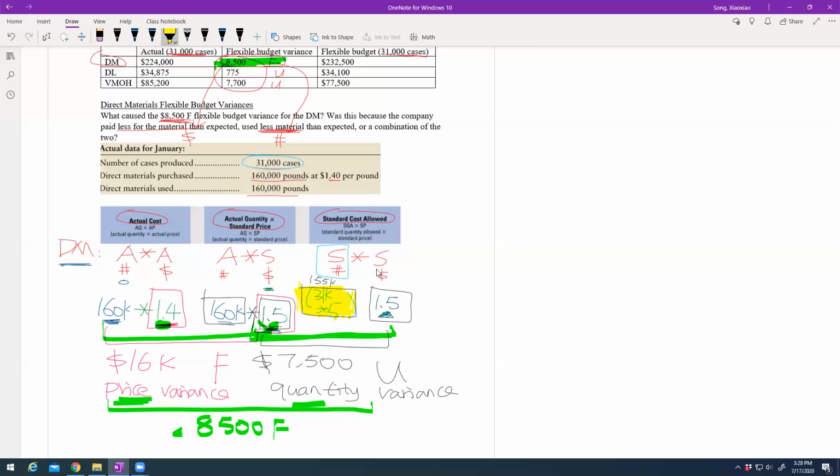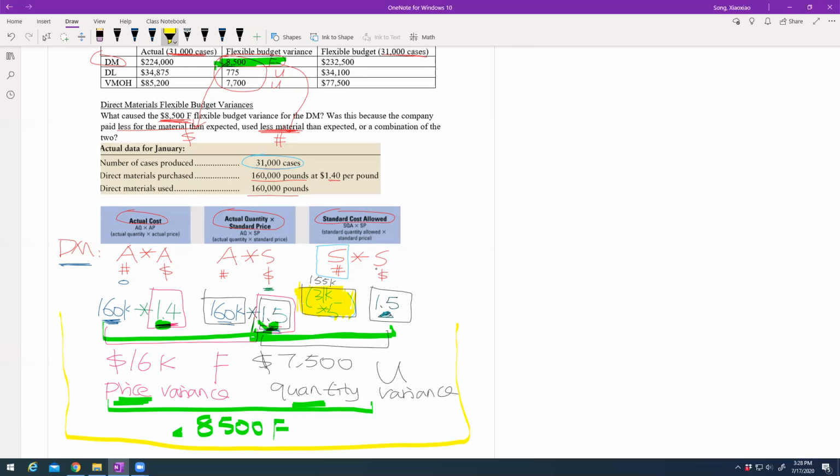Based on standard, each case costs 5 pounds of the material. So the standard quantity will be 31,000 units times 5 pounds for each unit. Okay, so this is all about the calculation part. How do we interpret the results? We will review the interpretation in the next video, and then we will practice a question. Hopefully you will feel better after the practice.